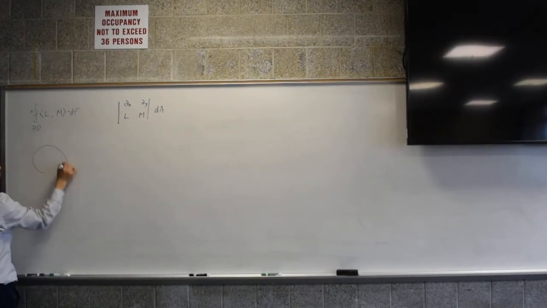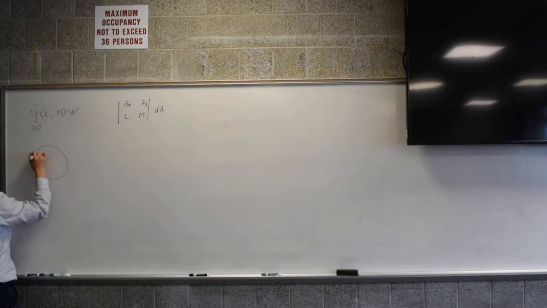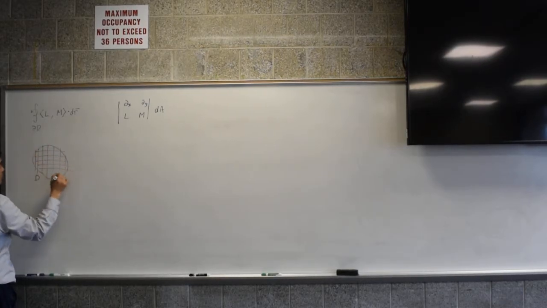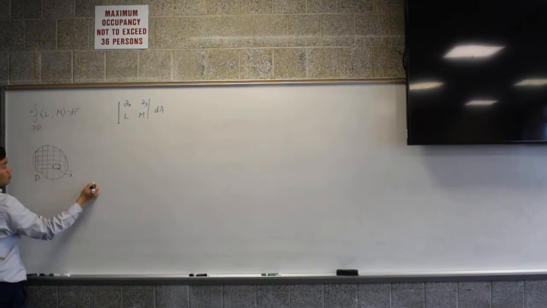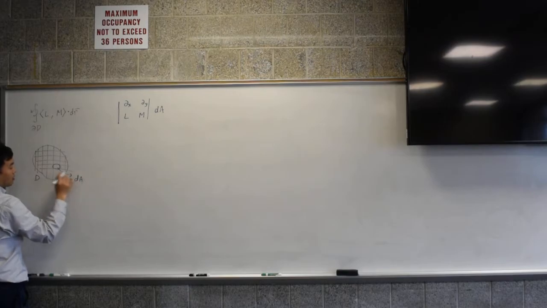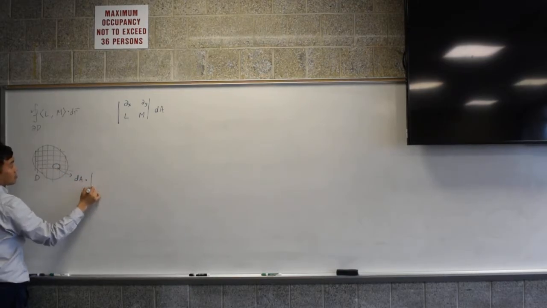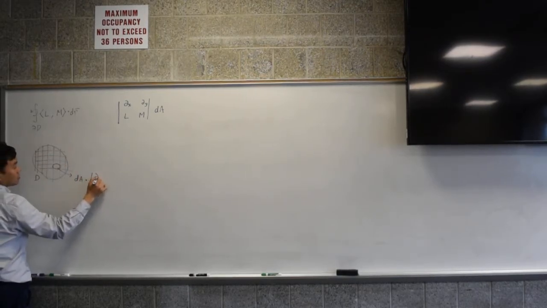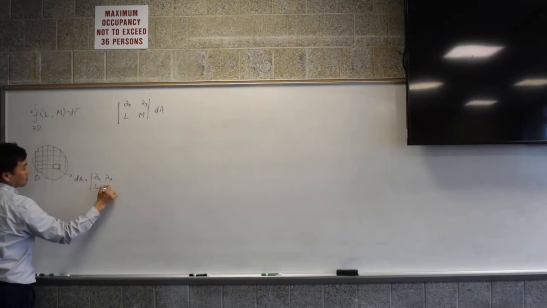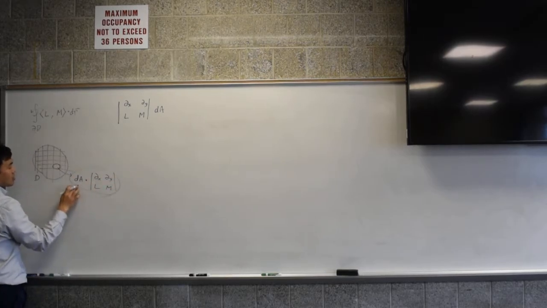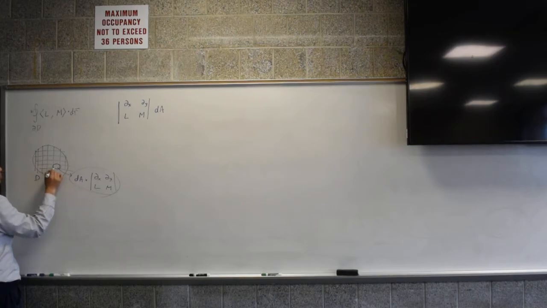If you have this domain D, you can cut it into very, very fine pieces. On this very tiny piece, if you multiply the area of this piece times the density of the circulation, this quantity gives you the circulation around this tiny piece.